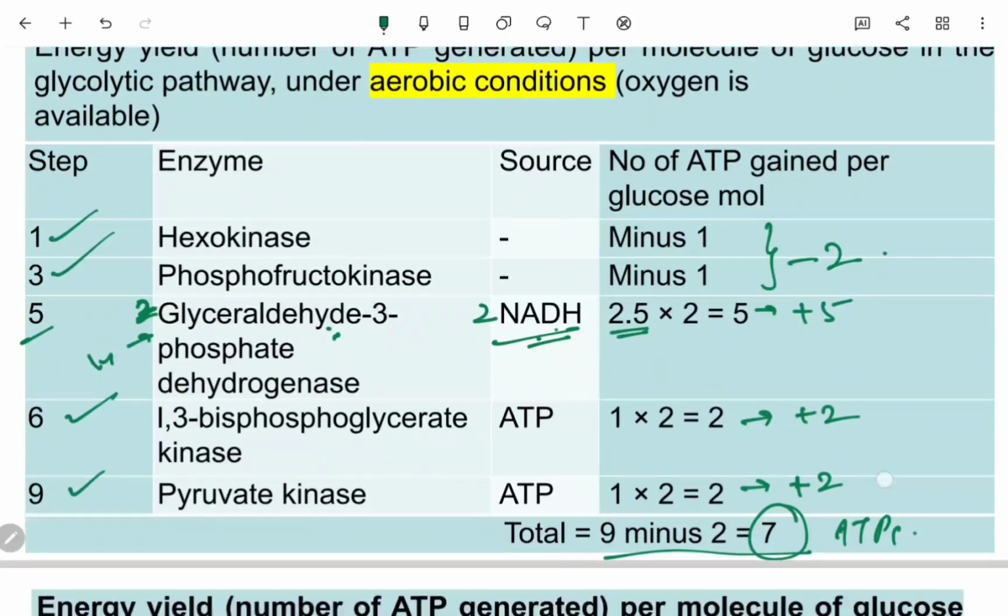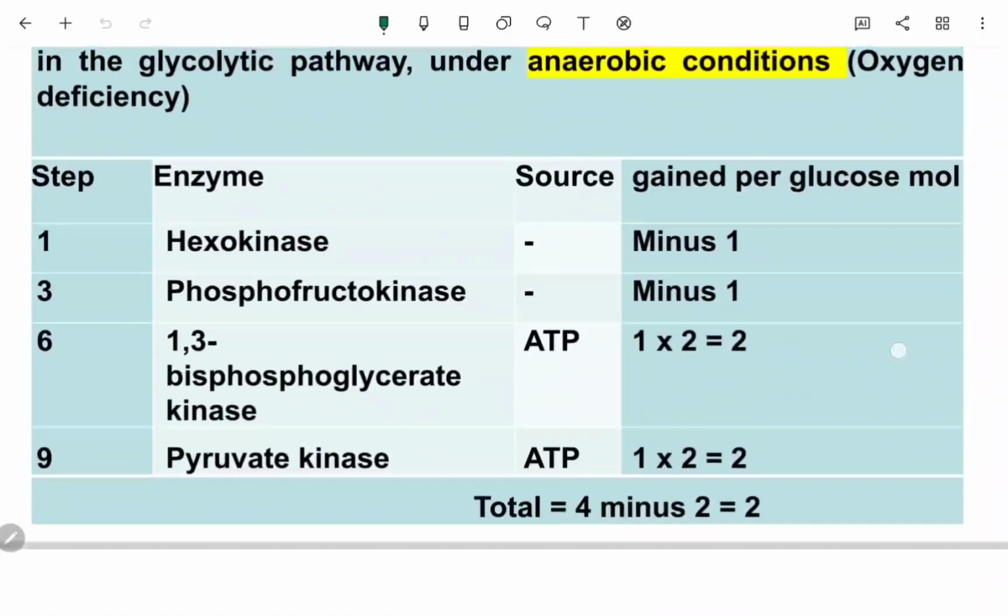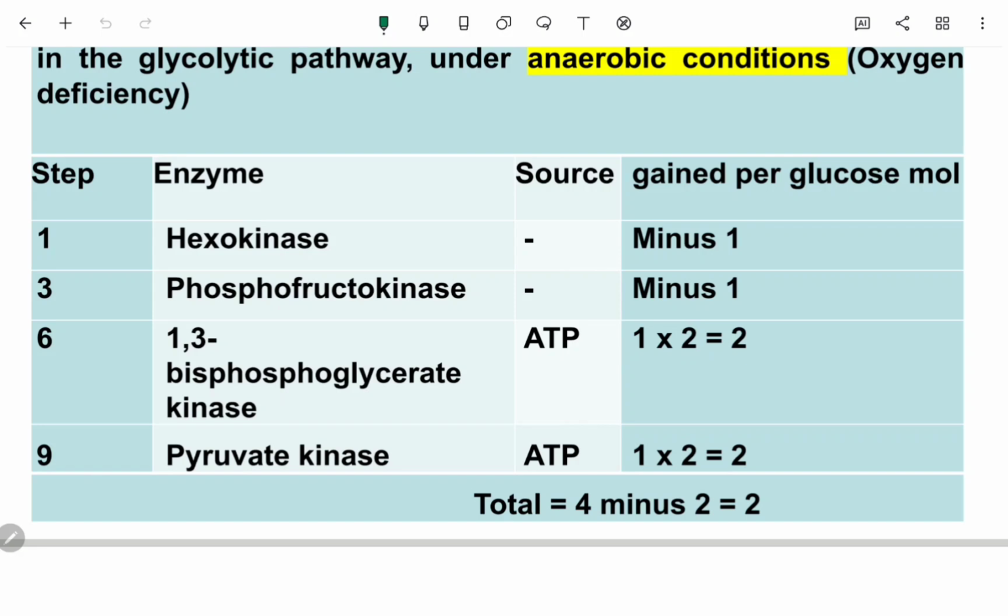Now, what is the change we are expecting in anaerobic glycolysis? In anaerobic glycolysis, hexokinase and phosphofructokinase require ATP, so that is -2. The NADH generated in step number 5 is utilized in step number 10, so there is no net generation of NADH, and that is why we are not counting NADH here.